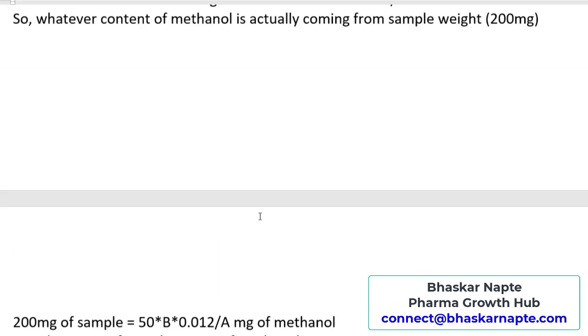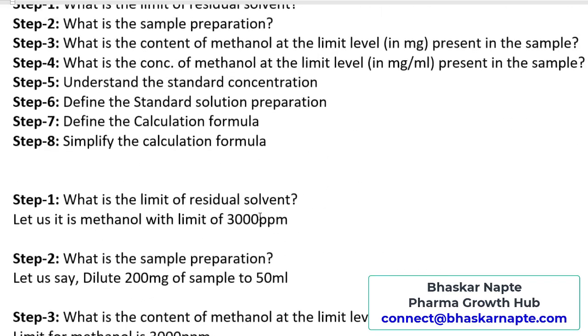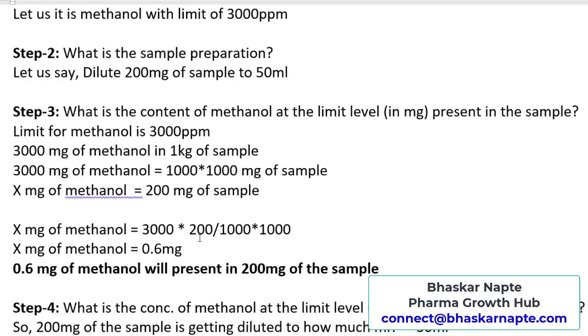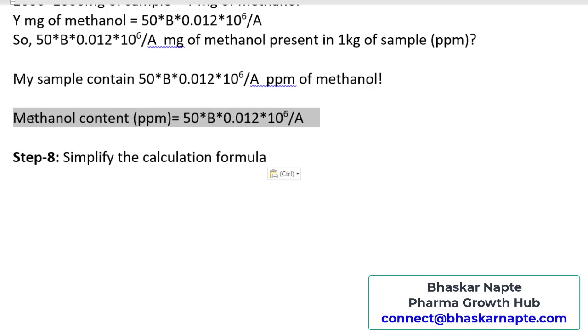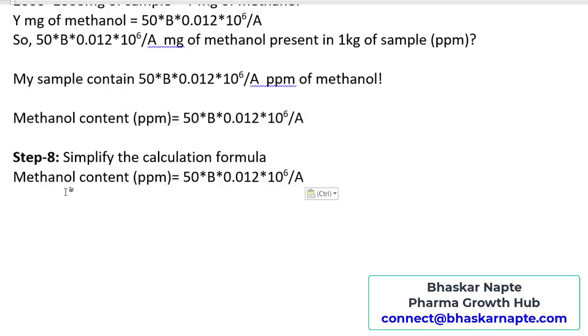Let us now go back to step number 8, which is our last step: simplify the calculation formula. Let me take the same calculation formula one more time and paste it over here.